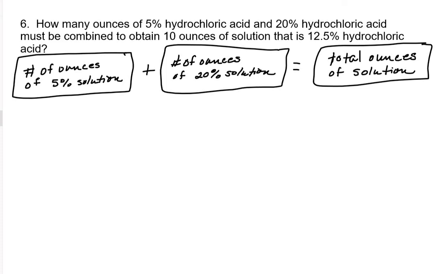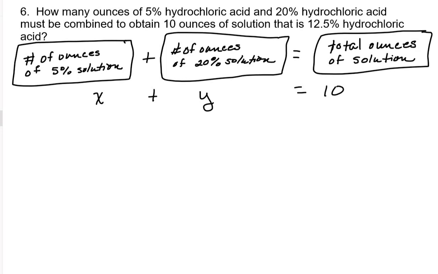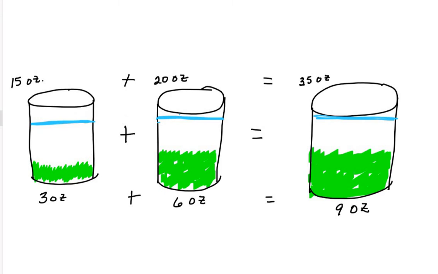Okay, there's a description of the first situation I have going on. The amount of ounces of the 5% solution, we're adding that to the number of ounces of the 20% solution, and all totaled, we're going to end up with 10 ounces. So there's my first equation. Now my second equation is going to be based on the amount of hydrochloric acid. That's comparable to the green stuff that's in this picture.